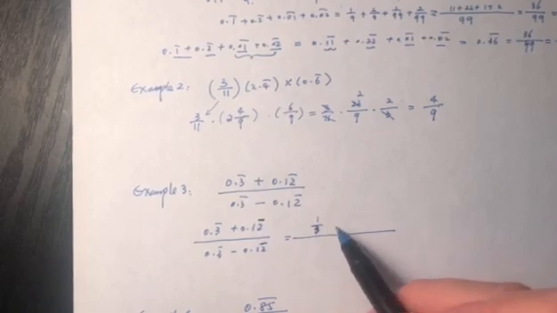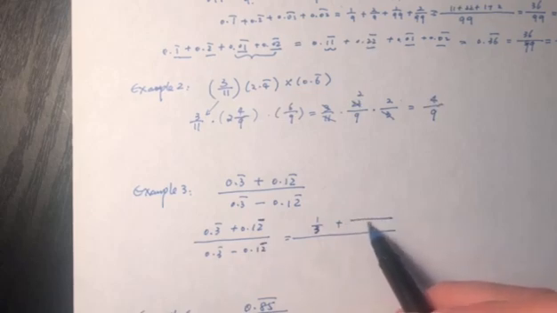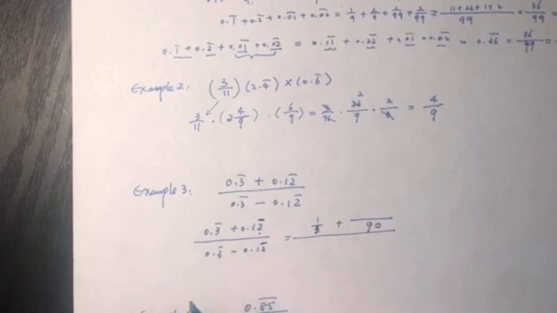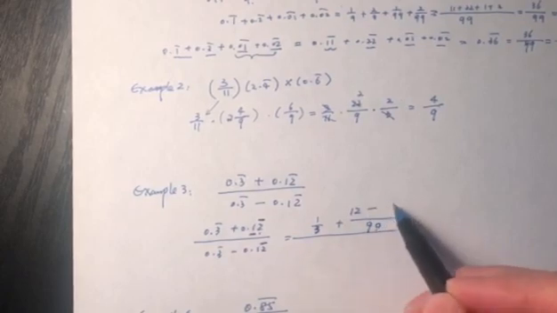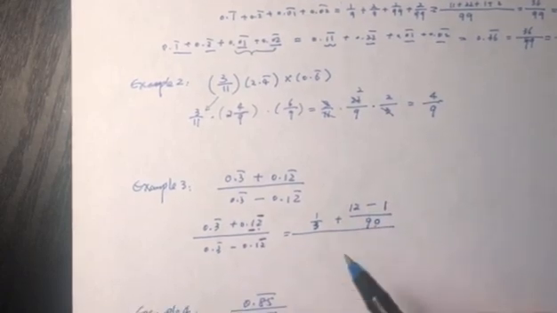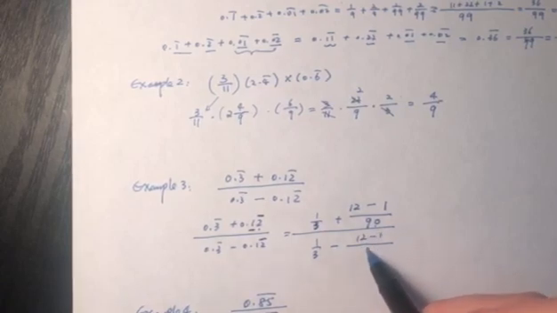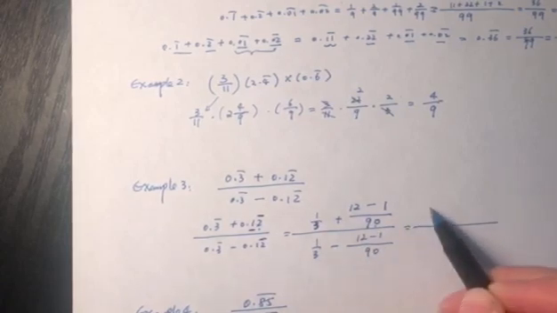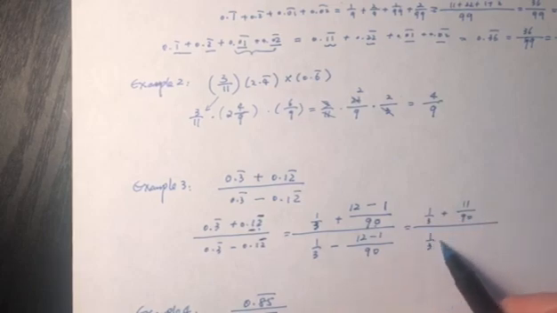For 0.12 recurring on the 2, if you remember the shortcut, it's over 90: the 9 means how many digits recur, the 0 means one digit is not recurring, and the numerator is the whole decimal number minus the non-recurring part, 11. You do the same thing on the denominator side. So you have 1 over 3 plus 11 over 90, and 1 over 3 minus 11 over 90.